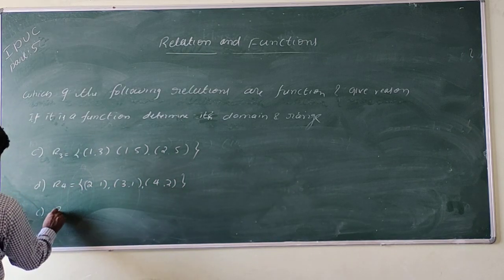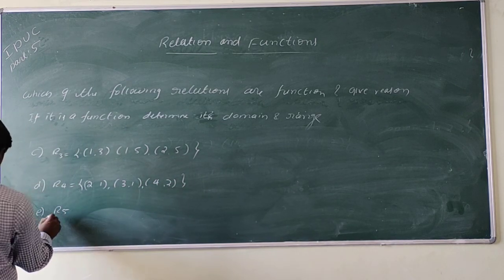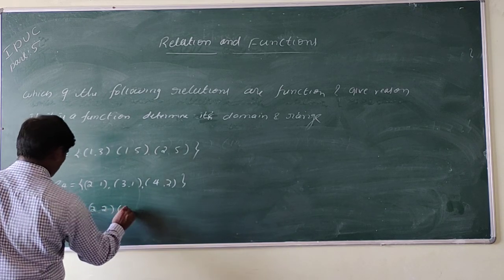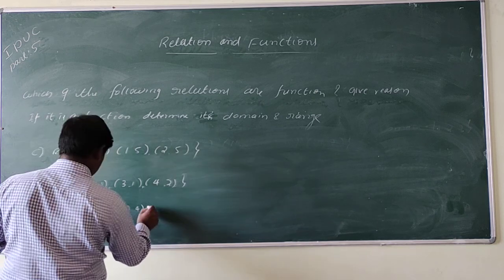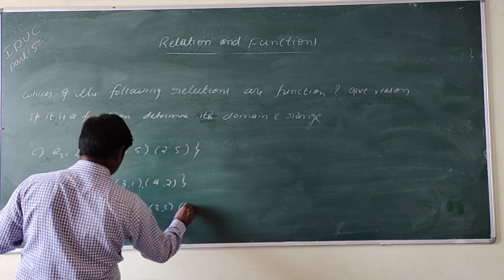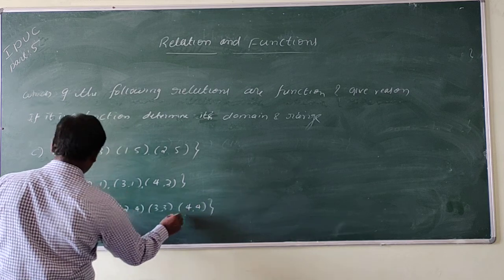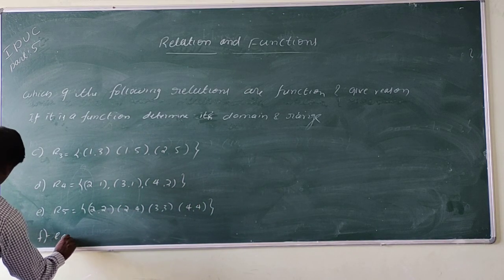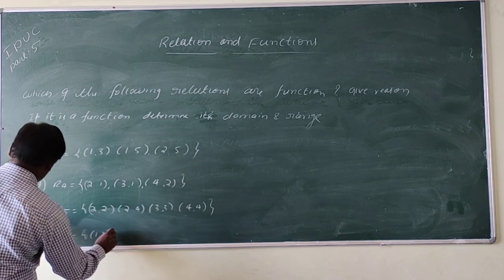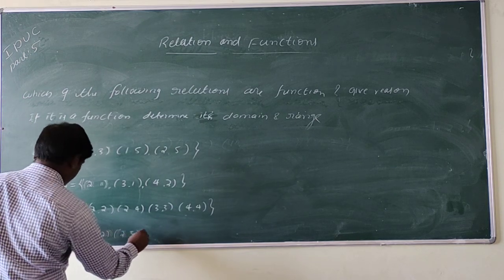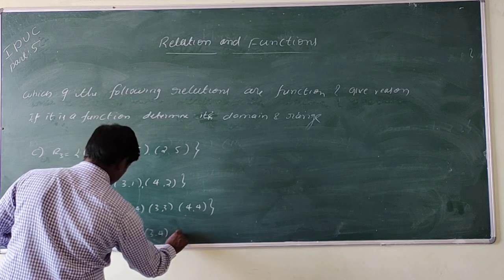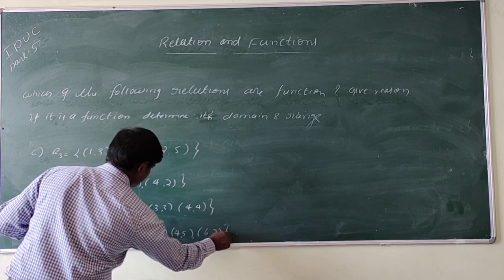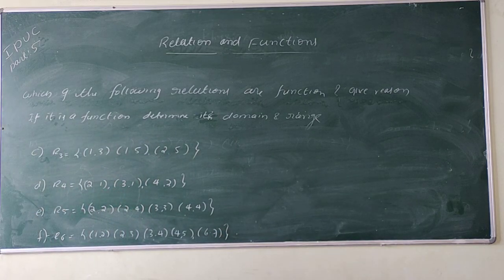Next, R5 = {(2, 2), (2, 4), (3, 3), (4, 4)}. And R6 = {(1, 2), (2, 3), (3, 4), (4, 5), (6, 7)}. Take these as homework.